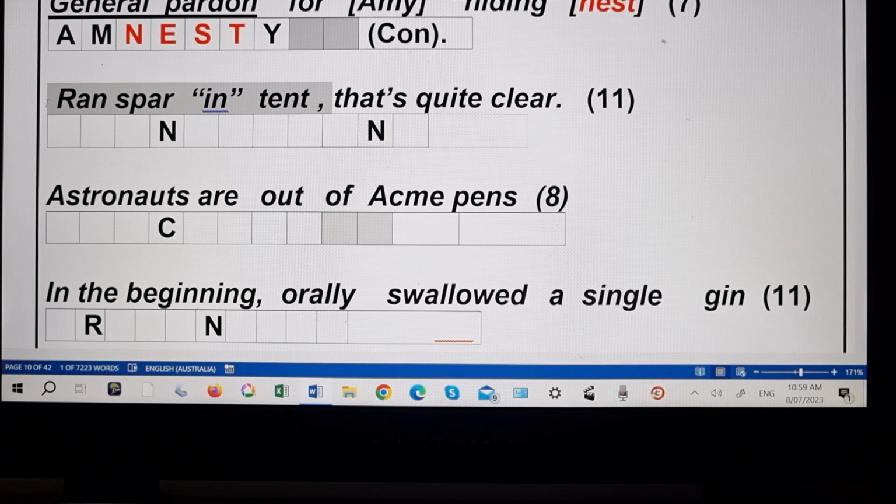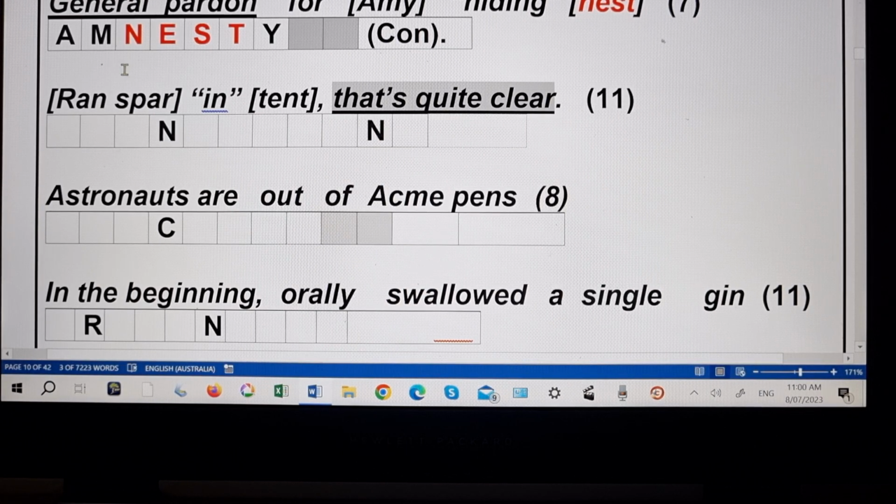Because this is really what you can do with the easy ones. And when I say easy ones, they're the ones where you're actually using the words that are in the text in front of you, rather than using synonyms of Ren Spa and of tent. That makes it harder. So that means that the key is down this end. That's quite clear. We'll underline that.